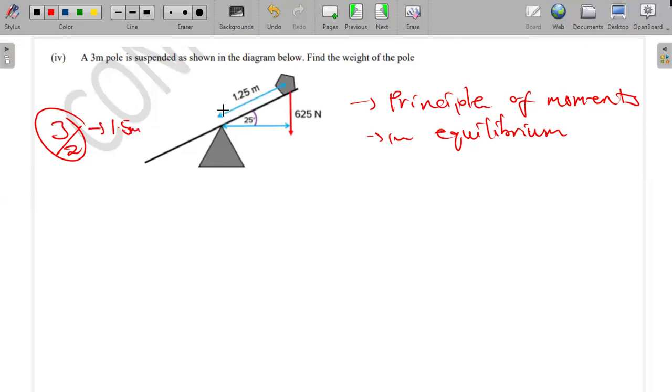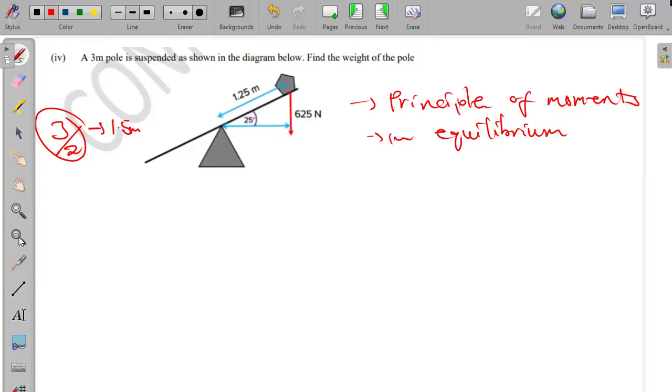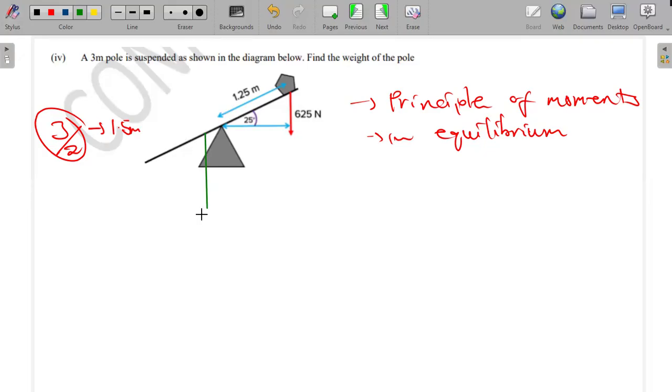So I have 1.25 meters there. That means our center of mass is somewhere here at this particular point. That's where our weight is acting.